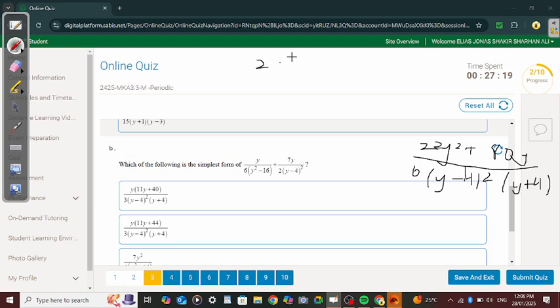Okay. Here we need to find the greatest common factor. 22y squared is 2 multiplied by 11 multiplied by y multiplied by y. 80y is going to be 2 multiplied by 2 multiplied by 2 multiplied by 5 multiplied by 2 multiplied by y.